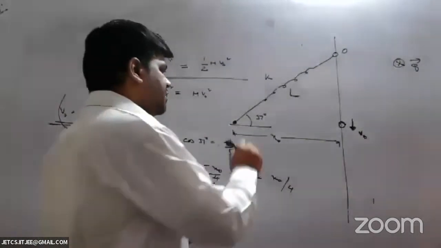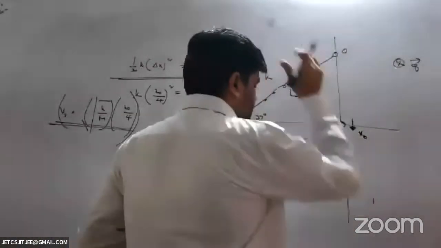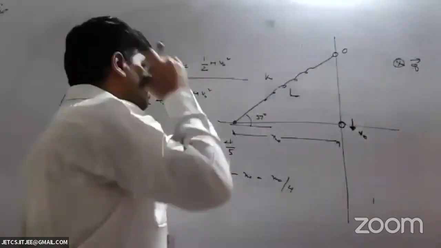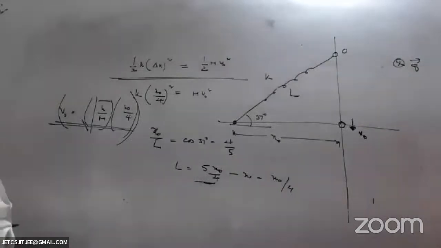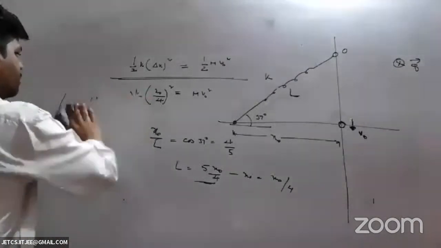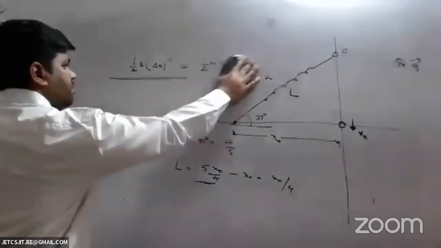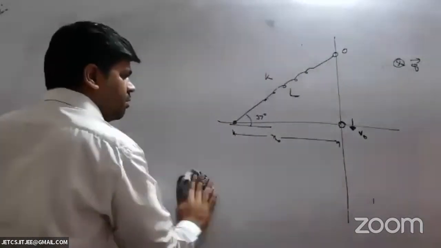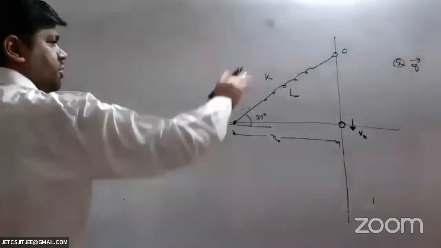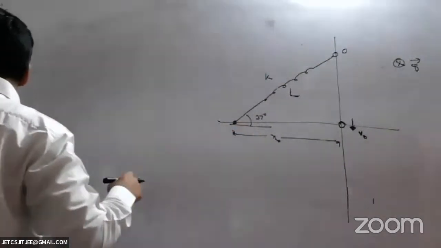For instance, let's take this level as the reference level, the zero level. Now what happens?